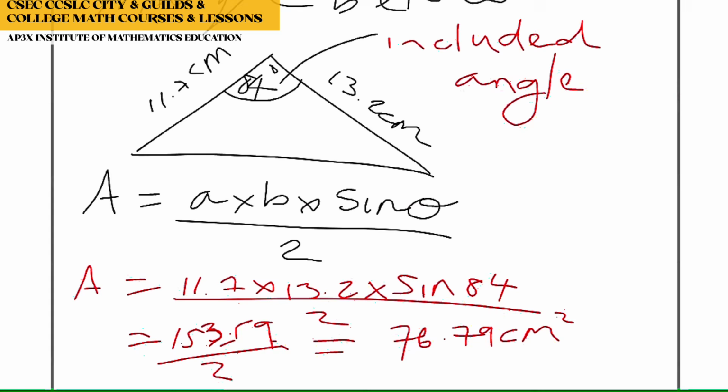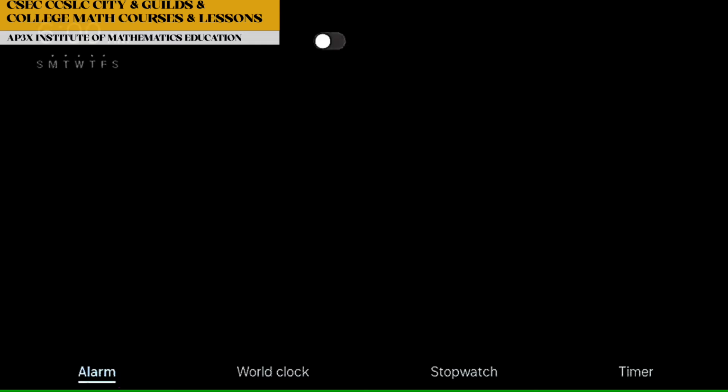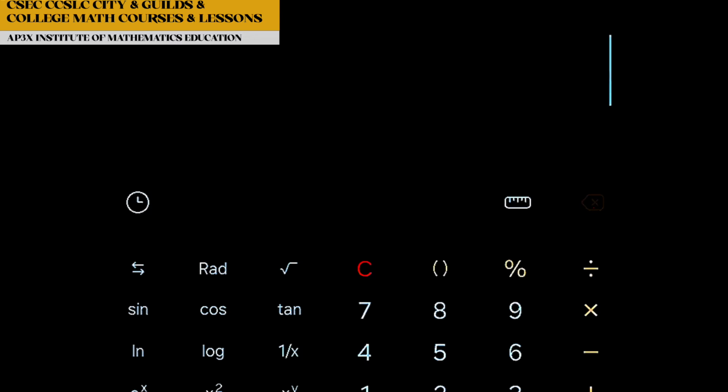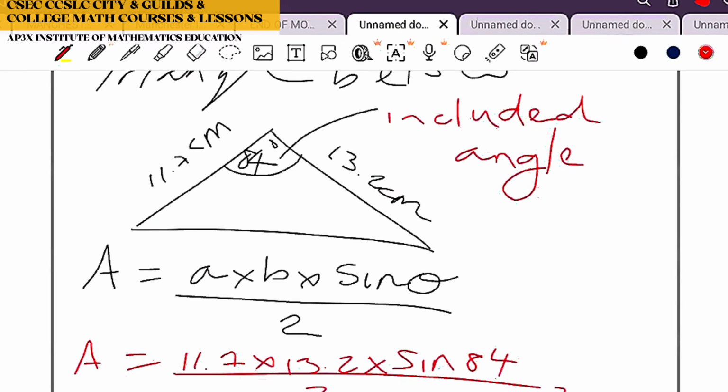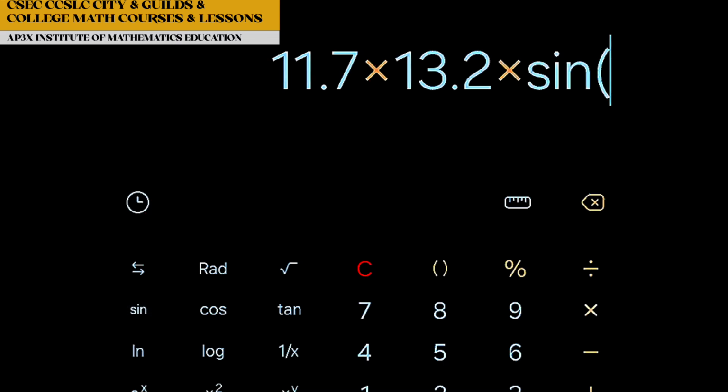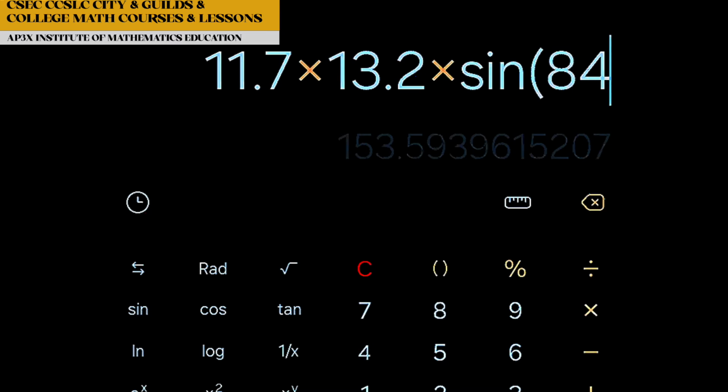All right. Excuse me, sir. Yes, go ahead. Could you please show us how to type all of that into the calculator? Sure. So we have 11.7 multiplied by 13.2, multiplied by, you press sine and you press 84, and here it is.